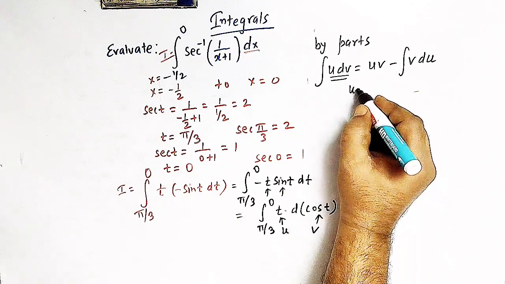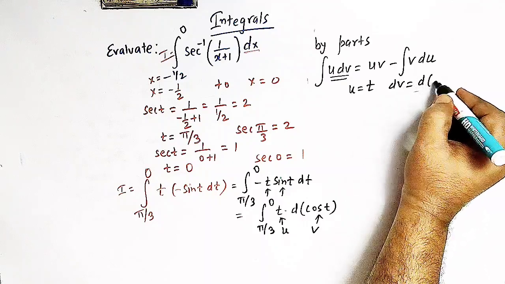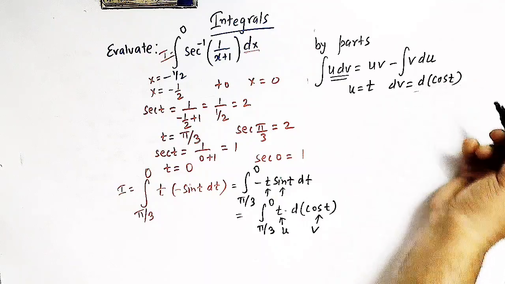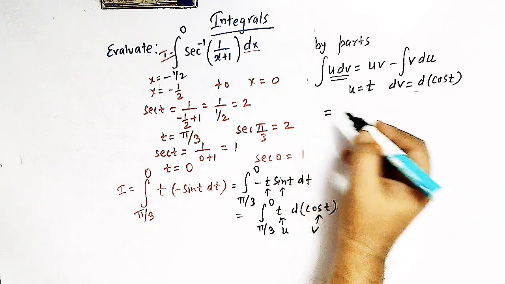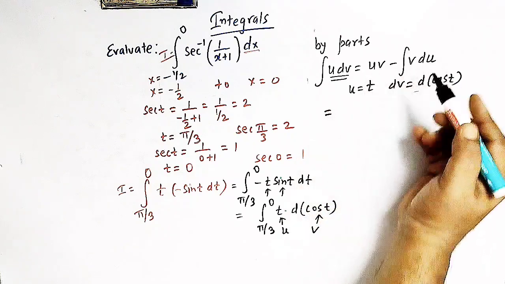So we have u is equal to t and dv is equal to cos t dt, right? So now we have the formula uv minus integral v du.